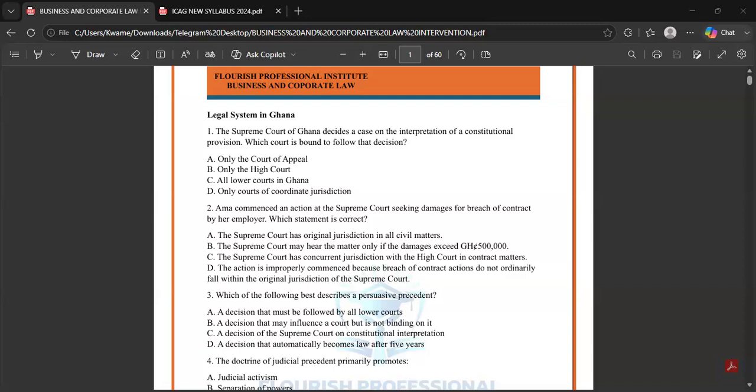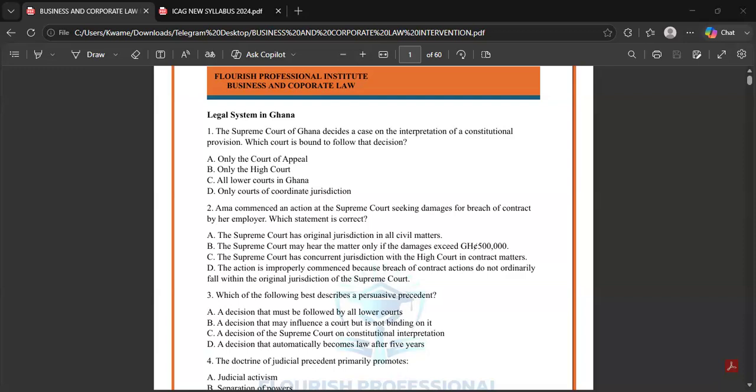There could be instances after it has passed through all the lower courts, going higher and higher, even to the Court of Appeal, and it still seems that the issue is not being addressed, and the Supreme Court becomes the last option. There are some issues too that are of national interest. It's a law of contract, but you can't compare it to a contract between two people, like the example I gave. The Supreme Court may be the one to handle that issue.